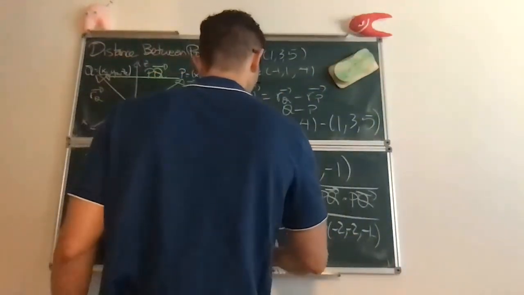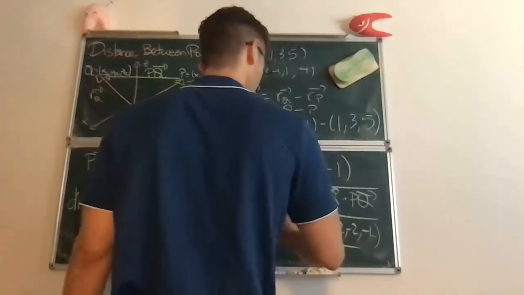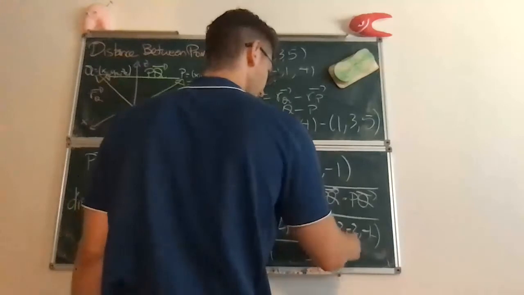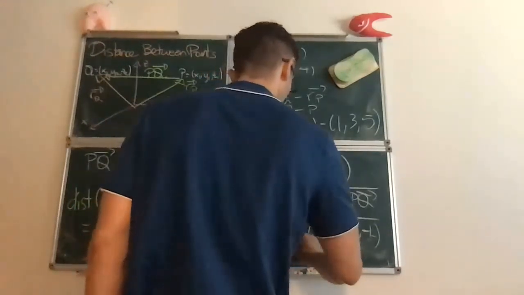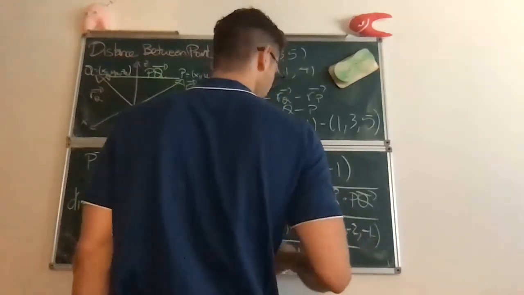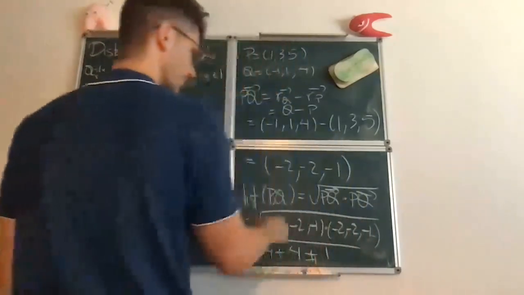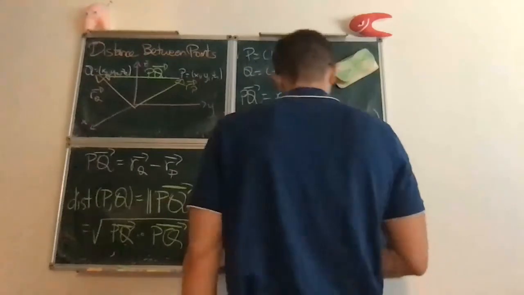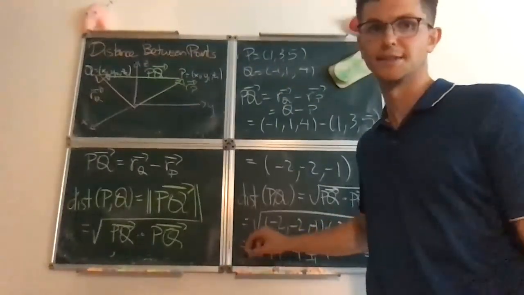And that's the square root of, well, negative 2 times negative 2, that's 4. Negative 2 times negative 2, that's 4. Negative 1 times negative 1, that's 1. Oh, nice. 8 plus 1 is 9, so this is 3. So those 2 points would be a distance 3 from each other.